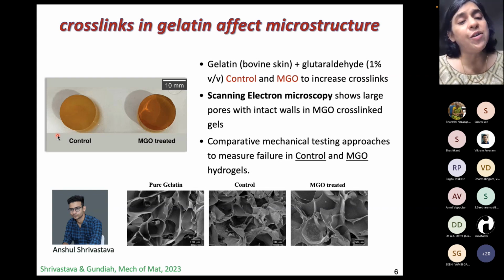Whereas most of the hydrogels that we are able to synthesize in the labs are typically in the domain of about 50 to 100 joules per meter square. So there's an order of magnitude difference in the kind of properties that we have been able to achieve with biological materials. So the field has been trying to increase the toughness of these gels because that's the only way we can use them for load-bearing applications.